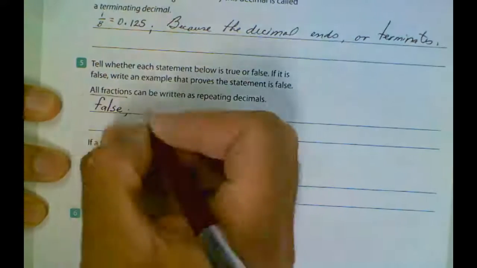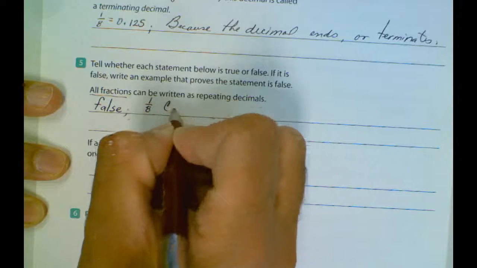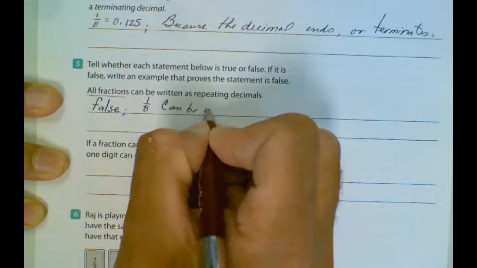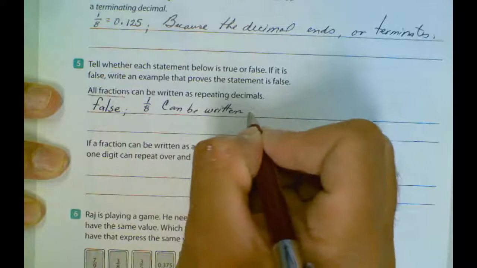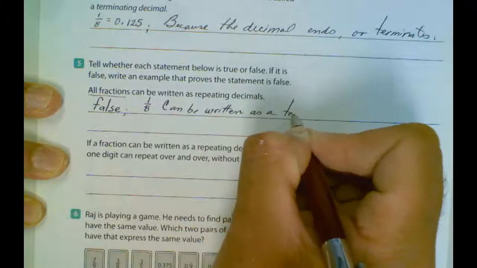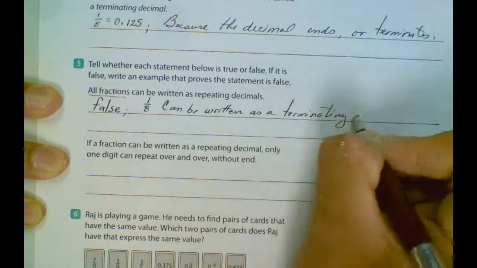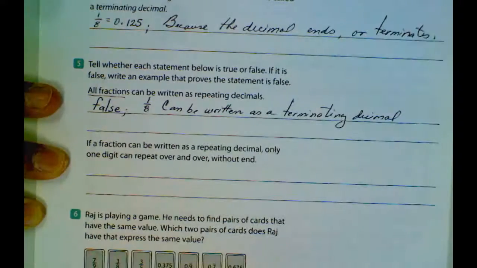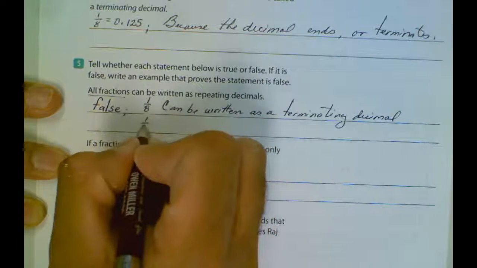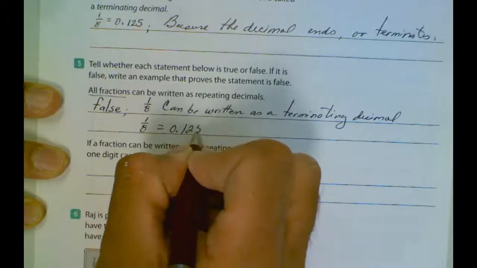False. 1/8 can be written as a terminating decimal. In this case, you can show that 1/8 is equal to 0.125.